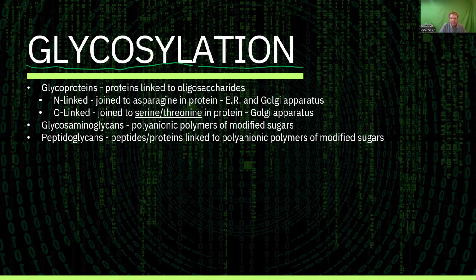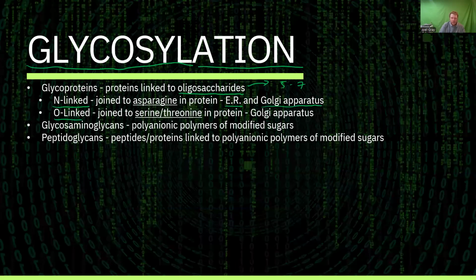Glycoproteins are proteins linked to oligosaccharides. Now, typically, an oligosaccharide is a sugar that's about 5 to 7 sugars long. These sugars can be N-linked, joined to asparagine in protein. This is done in the endoplasmic reticulum and the Golgi apparatus.